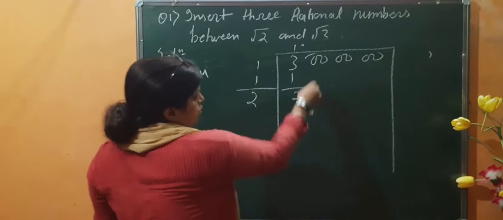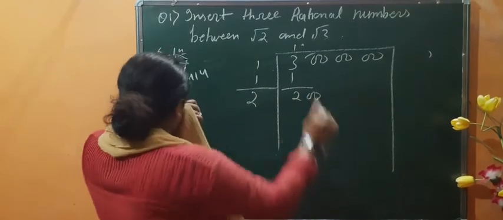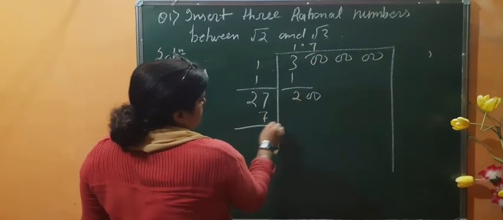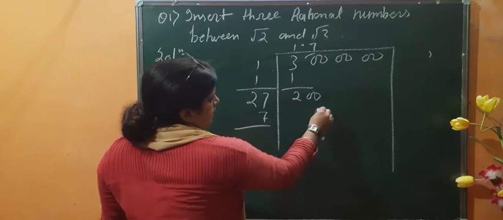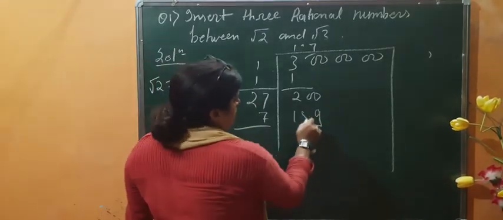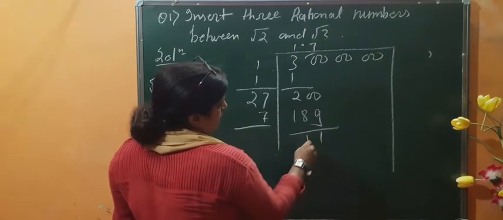So it is 2, and both the zeros are here. Now what? 7 times. So 7 sevens are 49. Remainder is 4, 7 twos are 14, and 4 is 18. So it is 1 and 1.